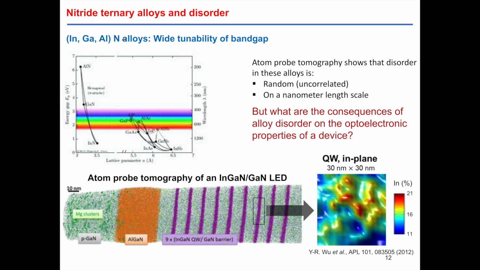So this is, for instance, a distribution of compositions for a 17% average indium composition alloy, and you see that you have very large fluctuations between 11% and 21%. Just having a random system gives you large compositional fluctuations.